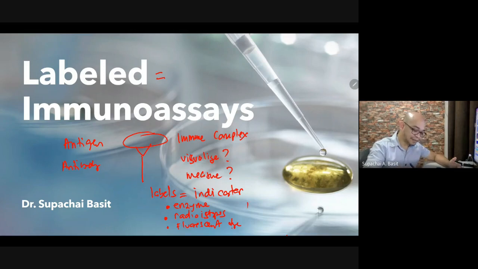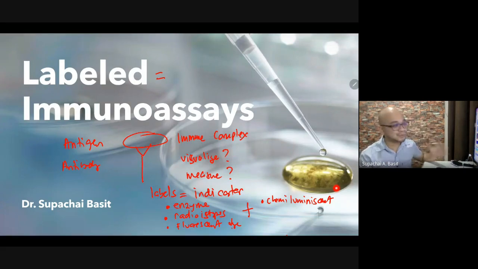And the fourth one is the newest, the chemiluminescent indicator. So these are the possible indicators that we can use for labeled immunoassays.